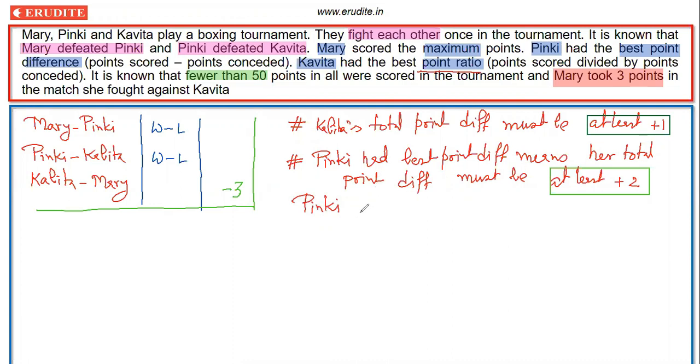Due to this information, Pinky must beat Kavita by at least 2 points more than Mary beats Pinky.